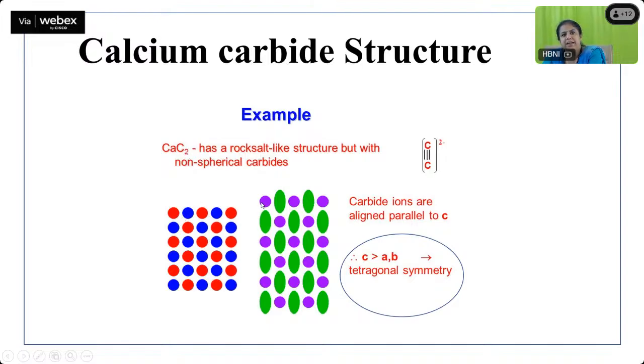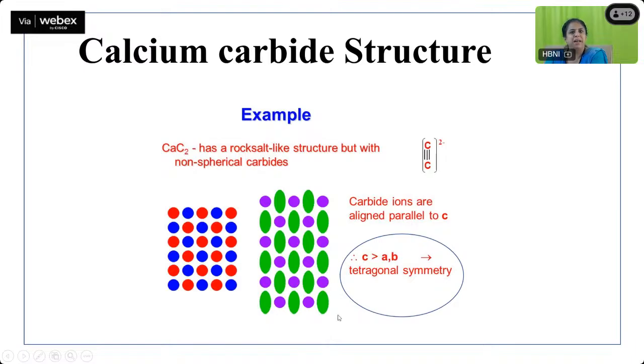Now let's say your cations are all these purple color, but your anion, which was earlier spherical, the red color, is now replaced by these elongated things because the carbide ion is elongated. Okay, so it adopts all the lattice points of the rock salt structure. But because one of the species, that is the anion, is elongated, what happens is it becomes elongated in the C direction.